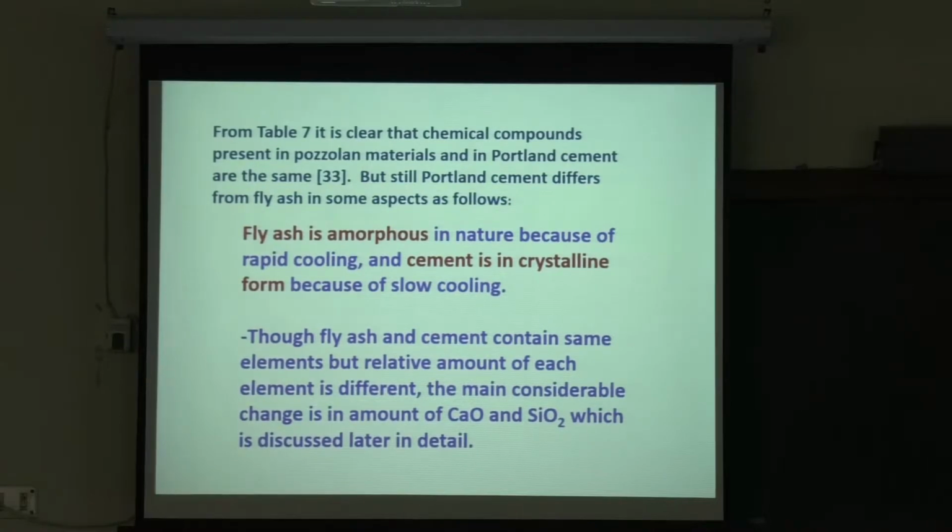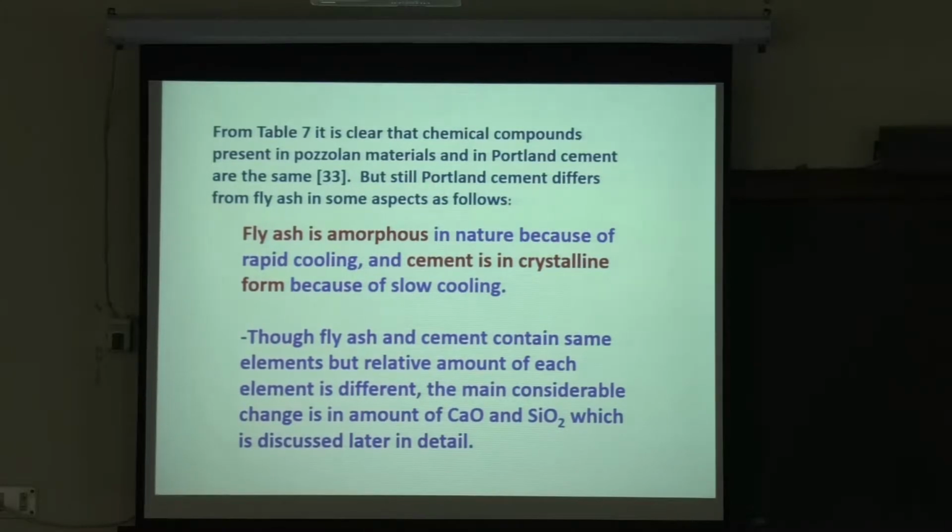This is quite interesting. Though fly ash and cement contain the same elements, the relative amounts of each element are different. The main considerable change is in the amount of calcium oxide and silicon dioxide, which is discussed later.